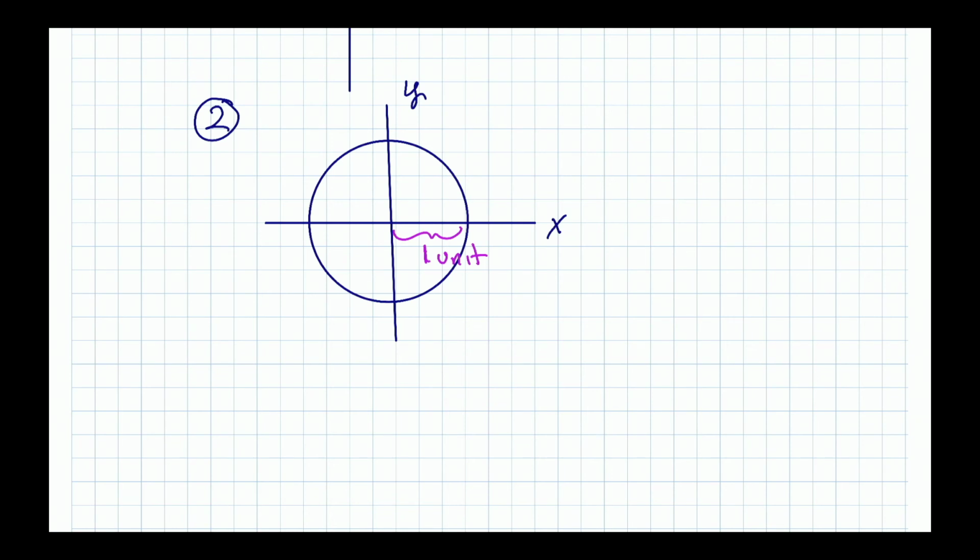So when a circle has radius 1, we call it a unit circle. Something else we don't care about too much right now, but I'm just saying it. So there's a circle. It's a unit circle because it has radius 1.